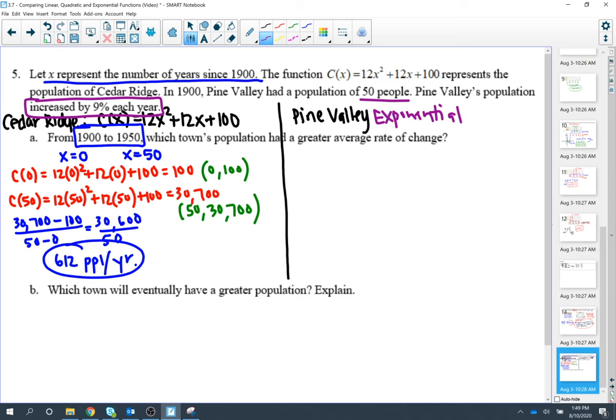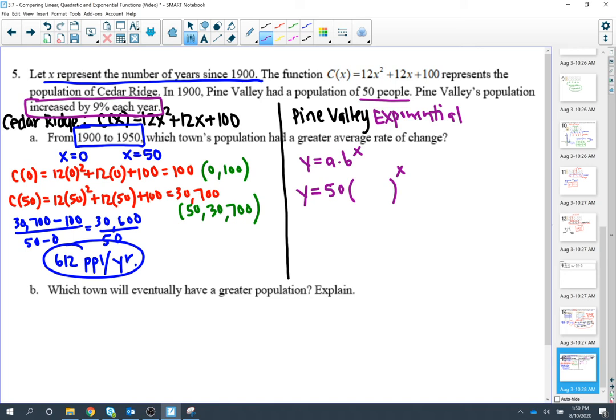If it's an exponential function, I know that it's y equals a times b to the x. I also know that a is the y-intercept, or the initial population, which they told me was 50 people.